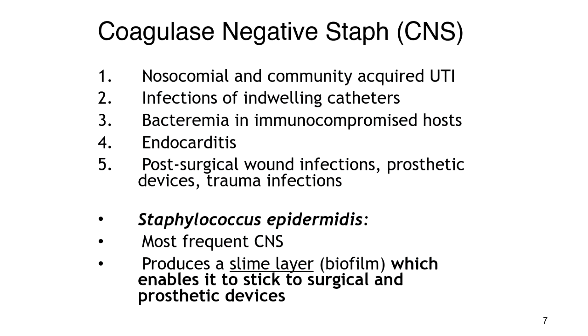So here's our CNS, coagulase negative staph. Again, nosocomial infections coming from the hospital area, and what we might call community-acquired UTI, urinary tract infections. We might see that especially in the human world. This might be a cause for coagulase negative staph around infections of indwelling catheters.